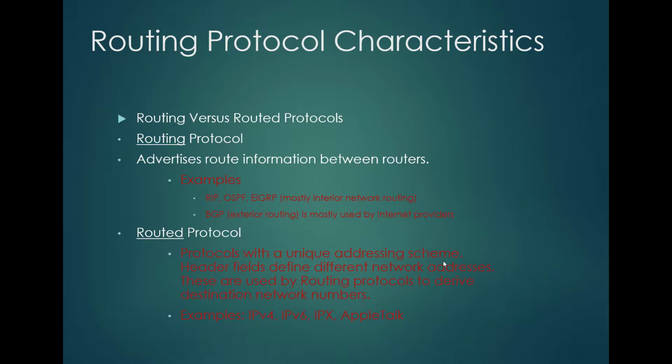And BGP would be essentially ISP provider level, like your Comcast, your AT&T. Those types of companies are going to have a BGP network. Or maybe you're a large organization and you might have a small portion of BGP. But the main part right now, I want you to just know BGP is for ISP level only, and these other ones are what most organizations are going to run.